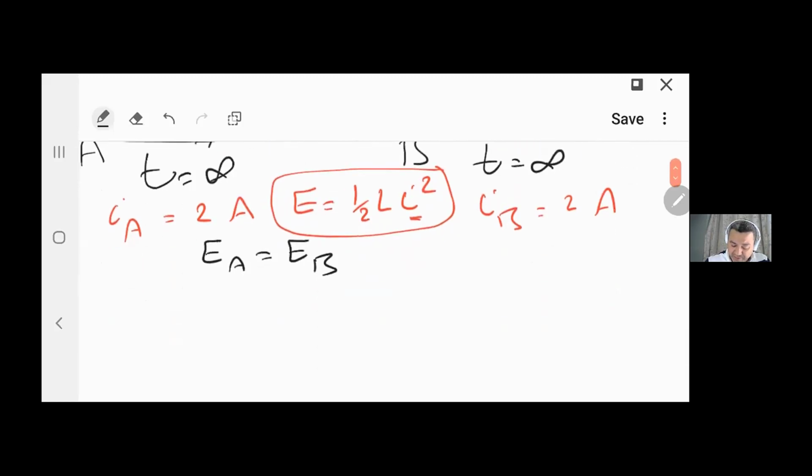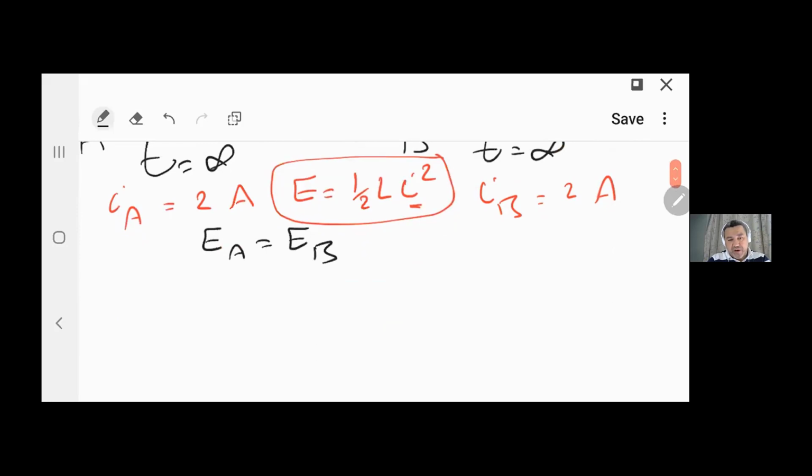Now, when the switches are open, look what's going to happen. Remember, I have now a new t equals 0. The switches are open. So the value of the current before the opening should equal the value of the current right after the opening, only at this moment.